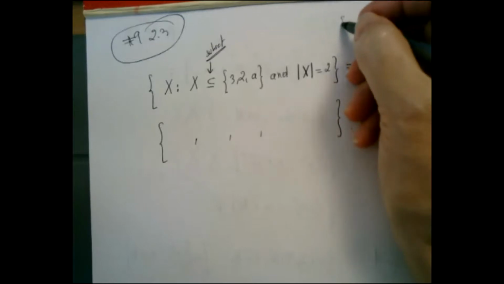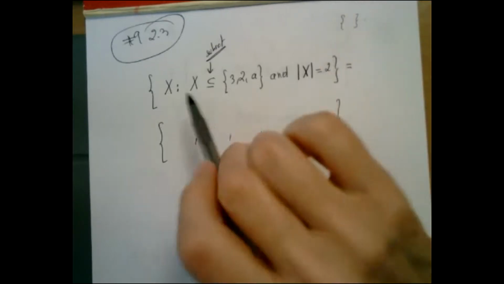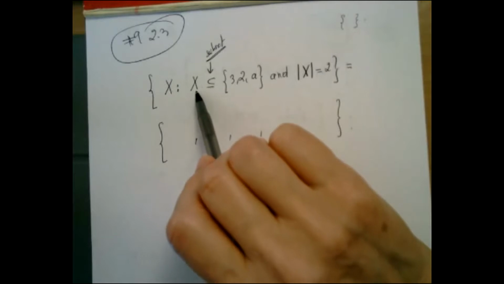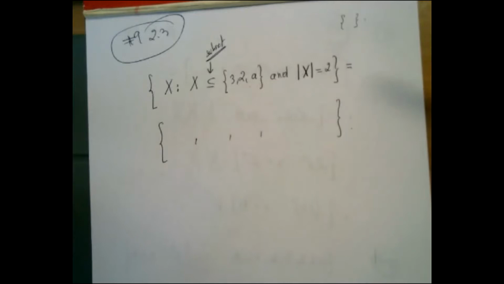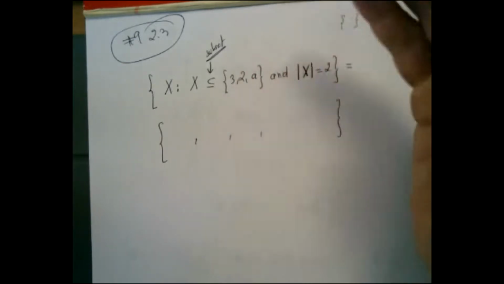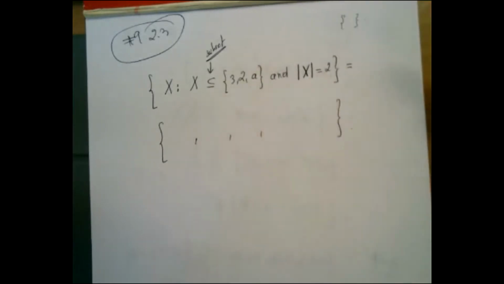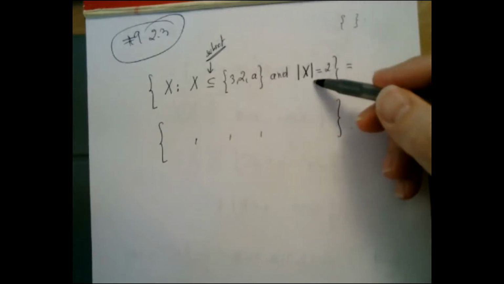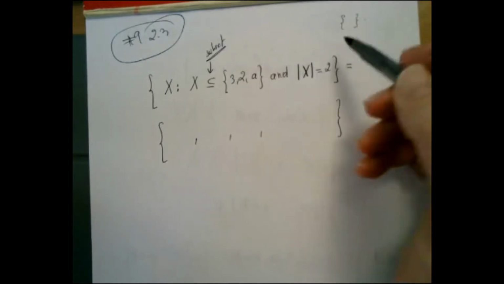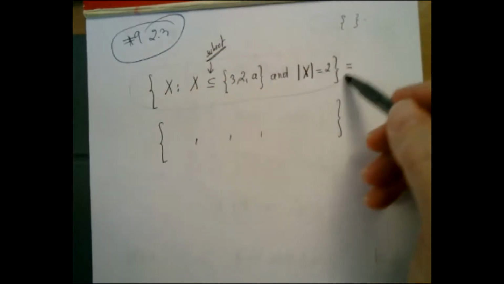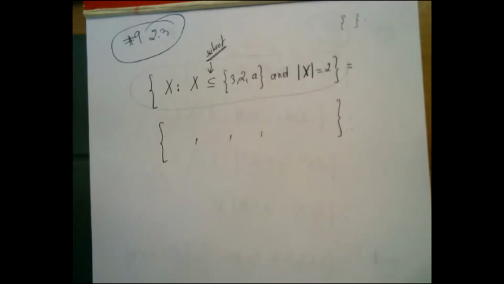So the elements themselves are sets, because all the x's are such that x is a subset of this, and what they satisfy is that their cardinality is 2. So give me one element in here, and then we can list all of them. Give me one, and then the rest will be simple. The set {3, 2}.